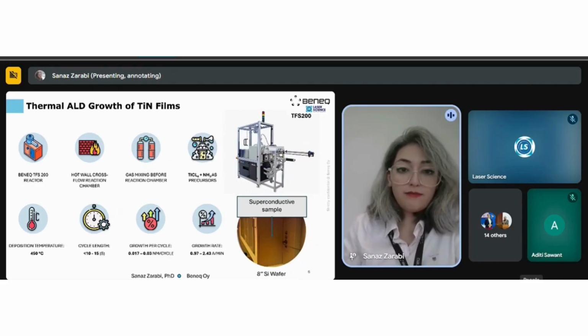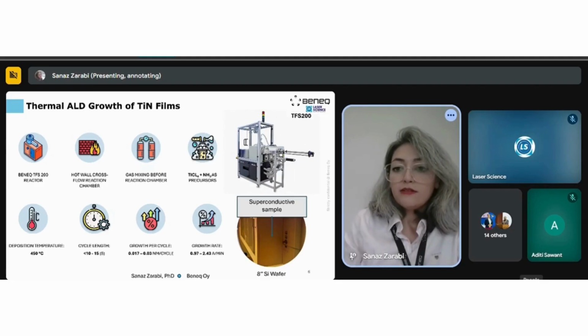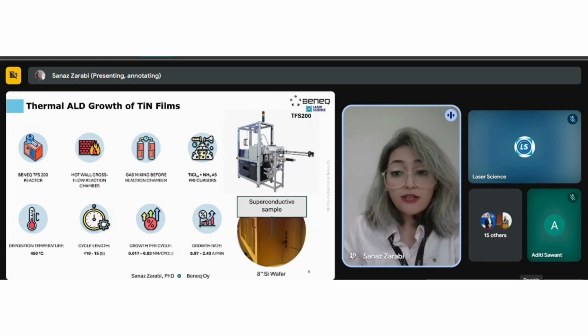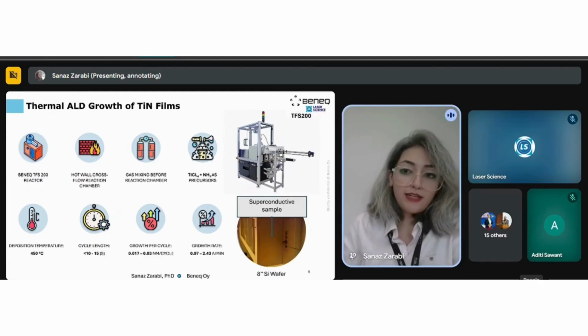The key deposition parameters, such as cycle length, growth per cycle, and overall growth rate, are summarized in this slide, as you can see here. And this is also a picture of our TFS200. This reactor is not only an excellent platform for research and development, but also highly suitable for small-scale production, bridging the gap between academic innovations and industrial applications.